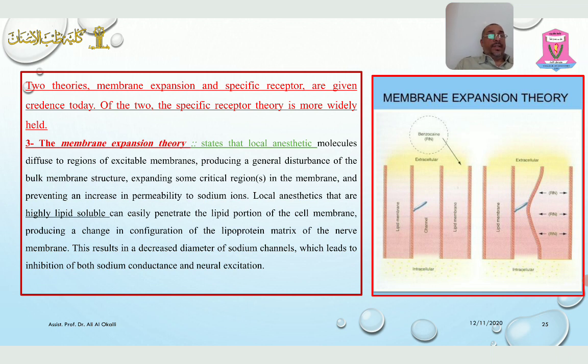Local anesthetics that are highly lipid soluble can easily penetrate the lipid portion of the cell membrane, producing a change in the configuration of the lipoprotein matrix of the nerve membrane.